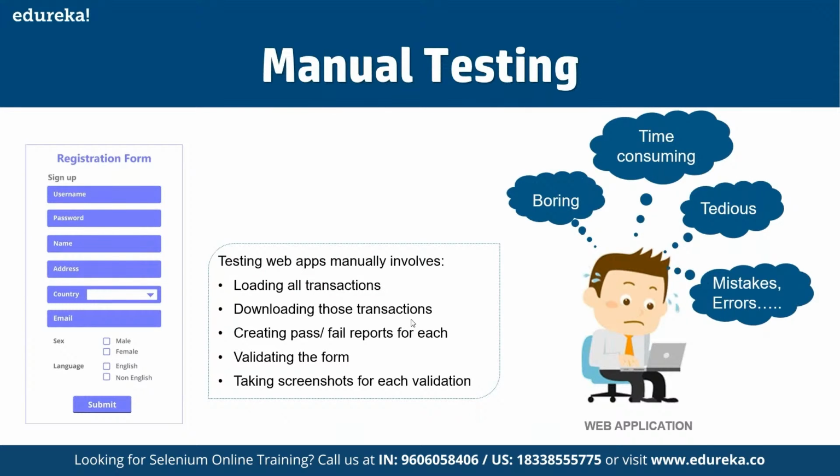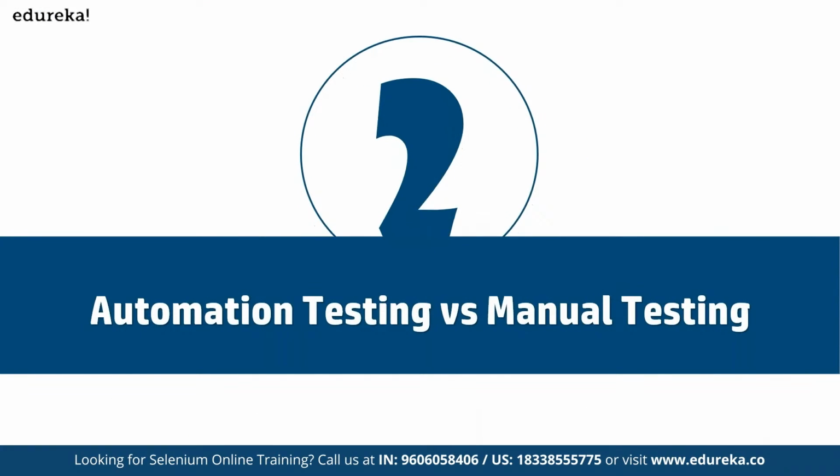The entire process of manual testing is going to be tedious, and there are going to be multiple mistakes made by testers, because at the end, if anything is done by humans, obviously there is a chance of error, and that error may cost the application a lot, especially when it comes down to small bugs which may impact the application in the production environment. And that's where automated testing comes into play.